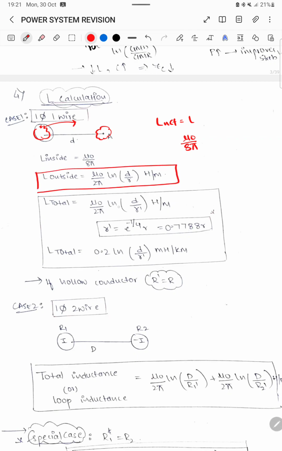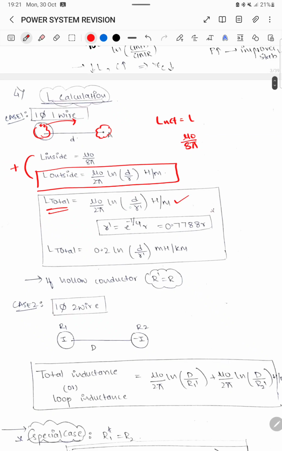The two are added to form the total. When you add them, you get the formula mu naught upon 2 pi ln d upon r dash. I want you to focus on this r dash. R dash is nothing but e to the power minus 1 by 4 times r, that can be written as 0.7788 r.